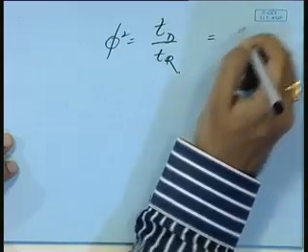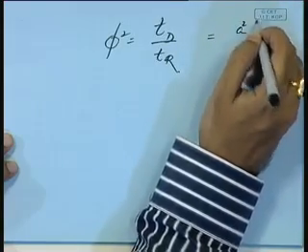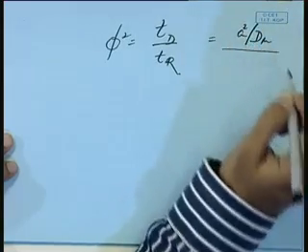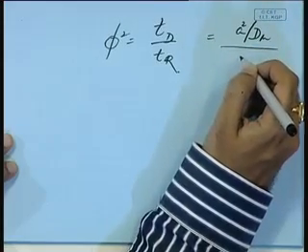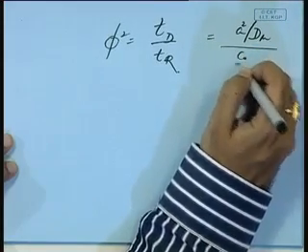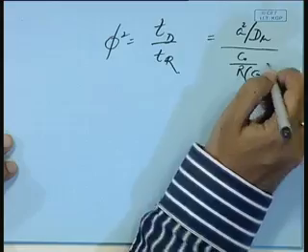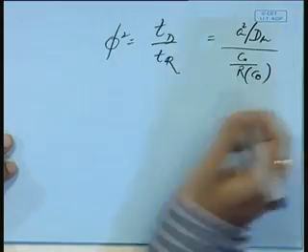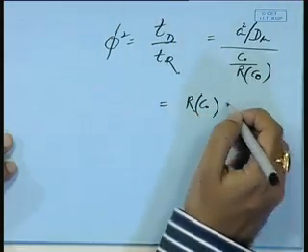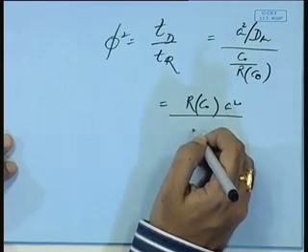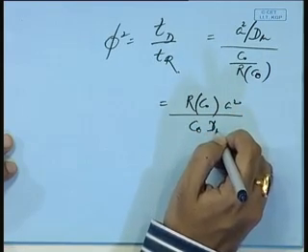Which is A squared over dm, divided by the reaction time. What is the reaction time? C naught over R C naught. So, this turns out to be R C naught times A squared over C naught dm.